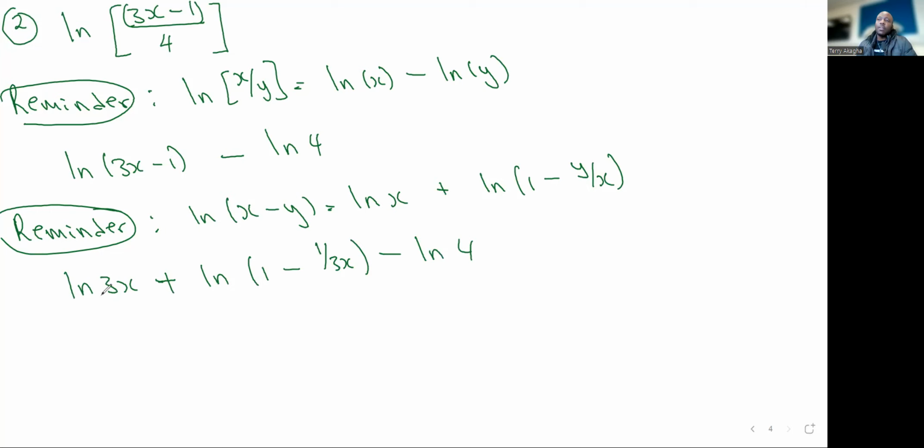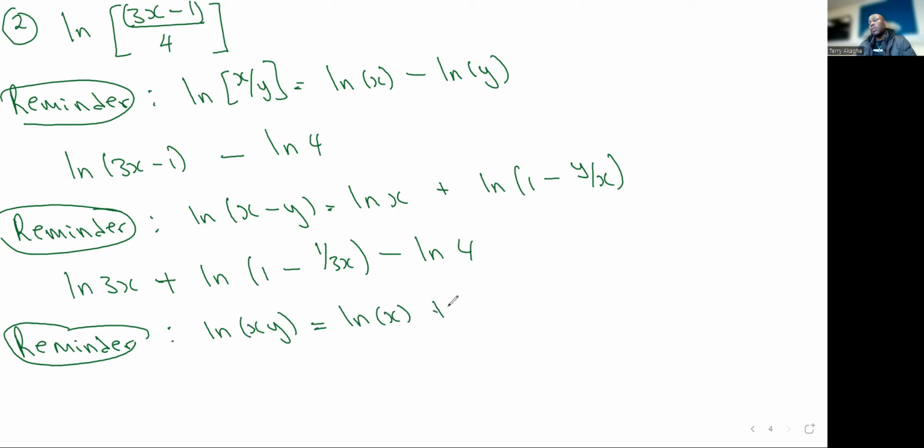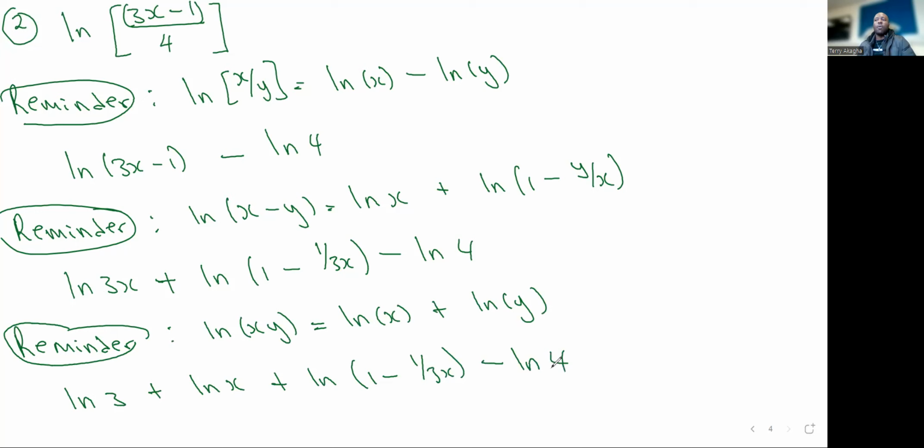I can still break down this 3x using the product law, which says ln(xy) equals ln x plus ln y. So that gives me ln 3 plus ln x plus ln(1 - 1/(3x)) minus ln 4. That will be the answer when you break it down into simpler terms.